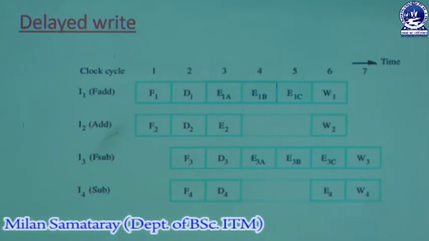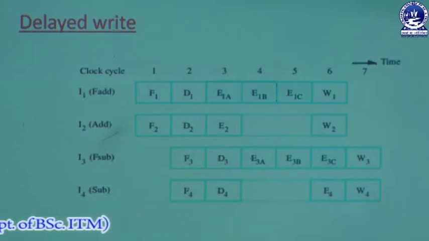Okay? Because the fetching unit fetches multiple instructions and stores them in an instruction queue, and from that queue the dispatch unit collects the instruction and gives it to the execution unit.